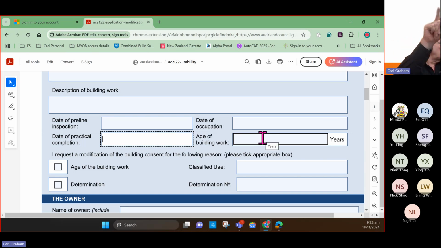What the Auckland Council want to know is what's the age of the building work? How many years from 1998 to 2020? It's 22 years. So what's the durability on cladding?